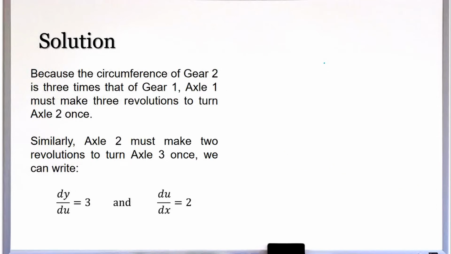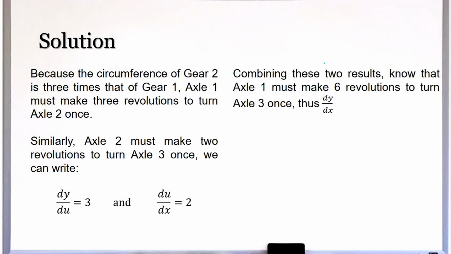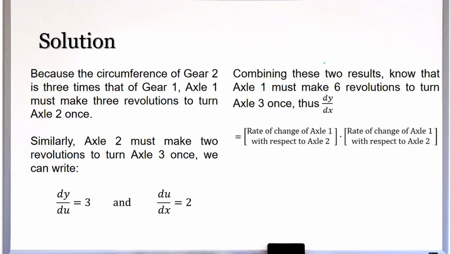So we combine these two results. We'll know that axle 1 must make 6 revolutions to turn axle 3 once. Thus, dy/dx is equal to the rate of change of axle 1 with respect to axle 2 times the rate of change of axle 2 with respect to axle 3. It's the same as dy/du times du/dx.